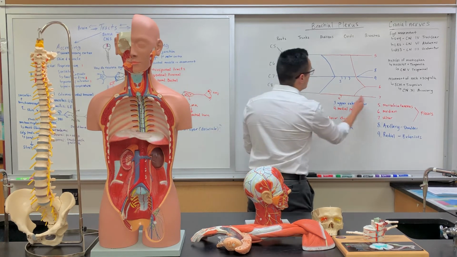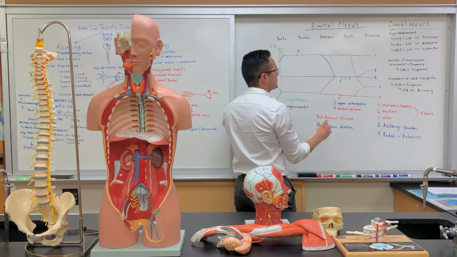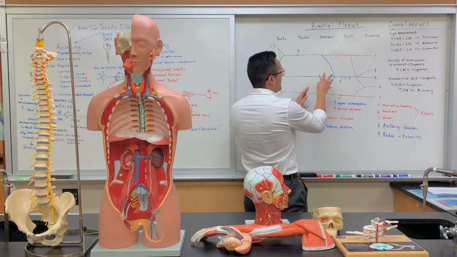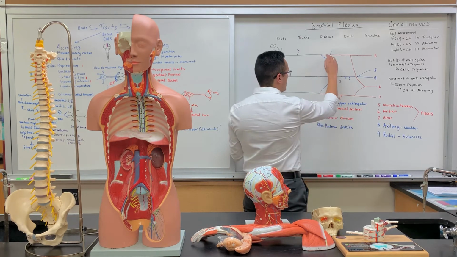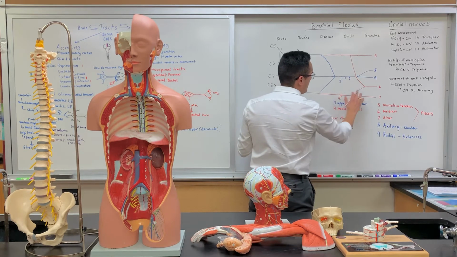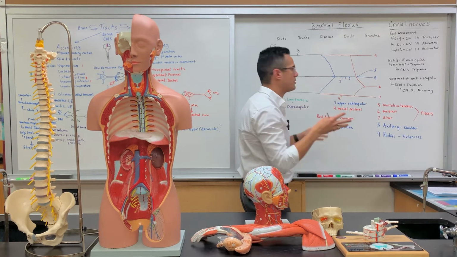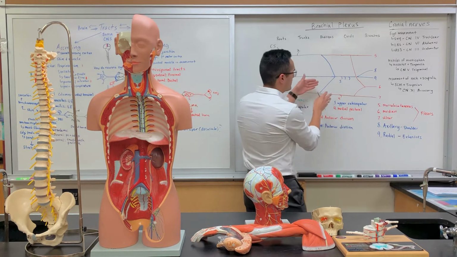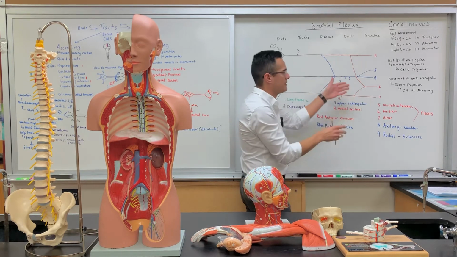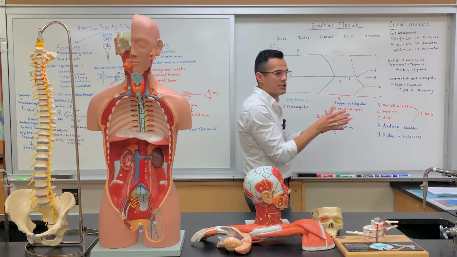So then if we continue to work our way this way, what you'll see is the way that I have it drawn, the part that's here in red is the anterior division, meaning that these are the parts that are coming in the front. But then the part that's in blue, that's what's behind the anterior division.